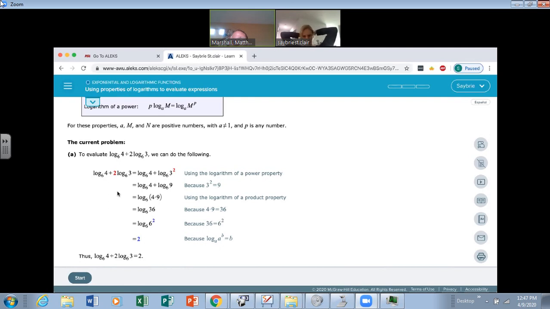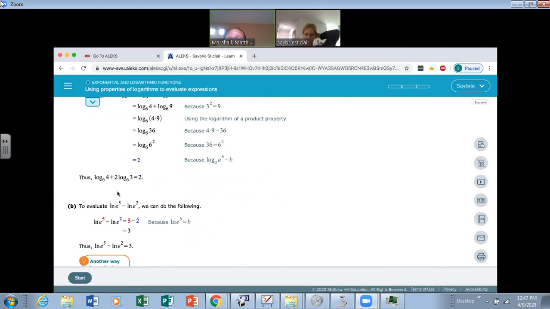Wow, that's really complicated. And then by rule, if you have the base is the same as the exponent, then by rule, wow. Alright, go down a little bit. So that equals 2. Alright, let's check out the second one here.